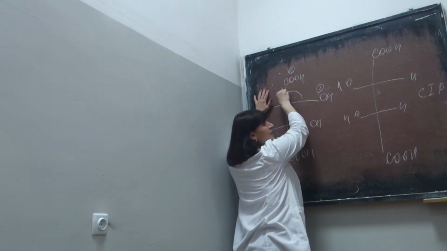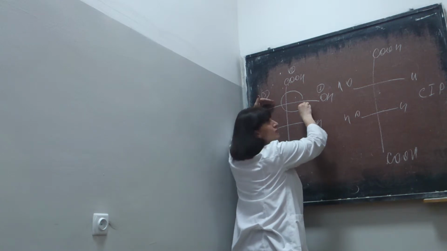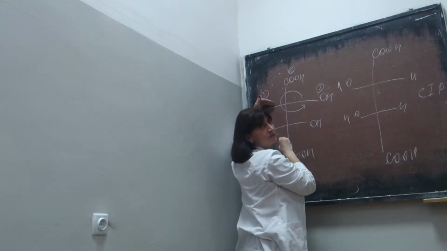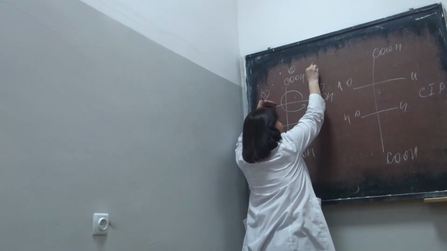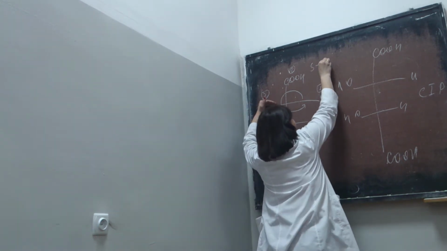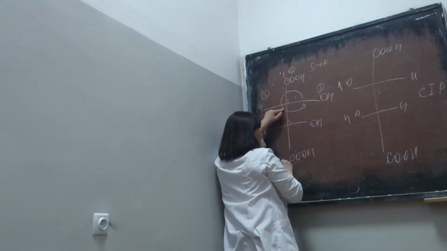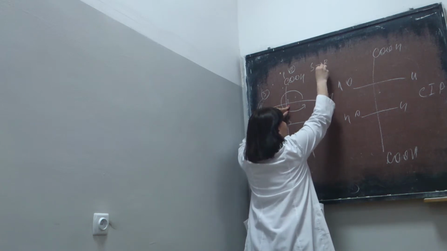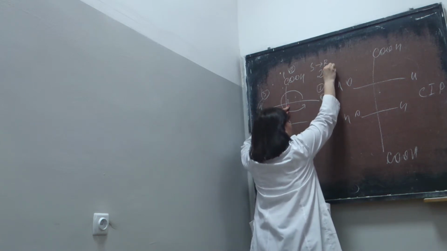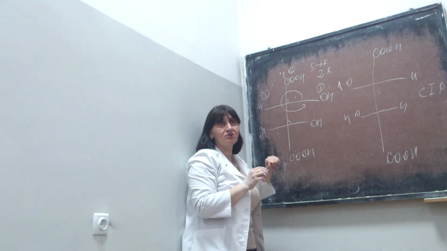So it's anti-clockwise, S. And because the lowest group is on the vertical line, you have to change S into R. This is the first carbon, this is second, third, fourth carbon. Your second carbon's absolute configuration is R. So you have to write it like this, 2R. 2 means that the second carbon has R absolute configuration.